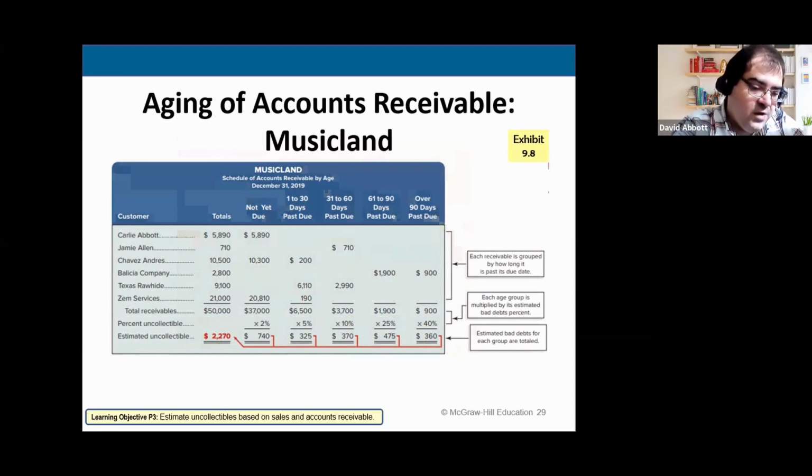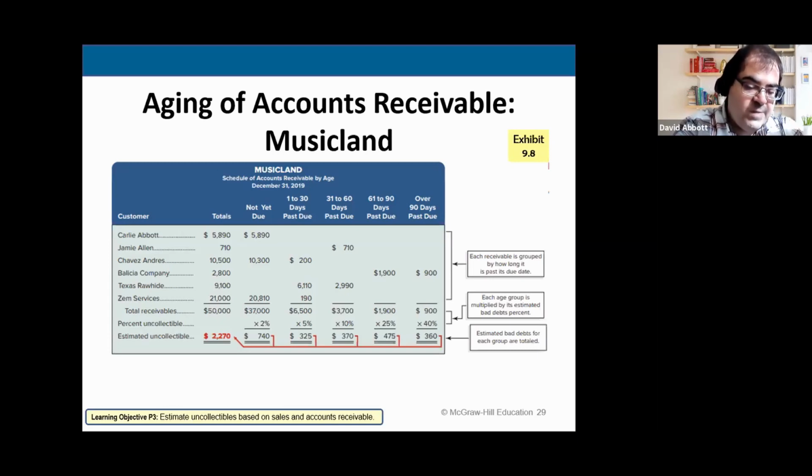This aging of accounts lists each customer's individual balances assigned to one of 5 classes based on the number of days that it's past due. The amounts in each class are totaled and multiplied by the estimated percentage of uncollectible accounts for each class. The percents used are regularly reviewed to reflect changes in the company and the economy. So Musicland had $3,700 in accounts receivable that was between 31 and 60 days past due.